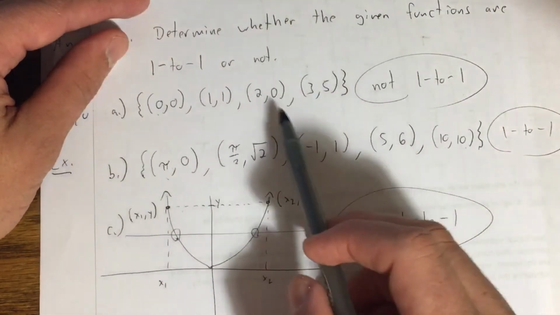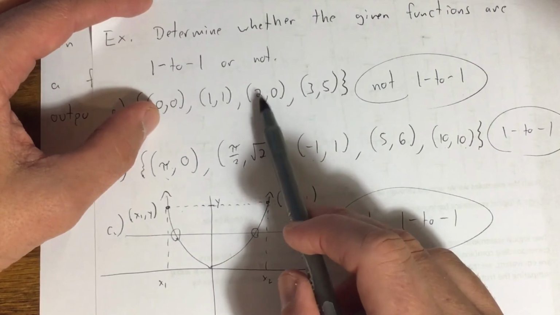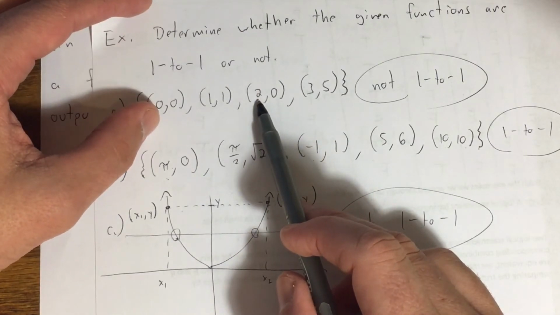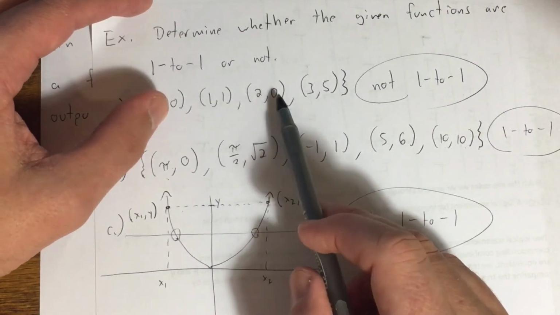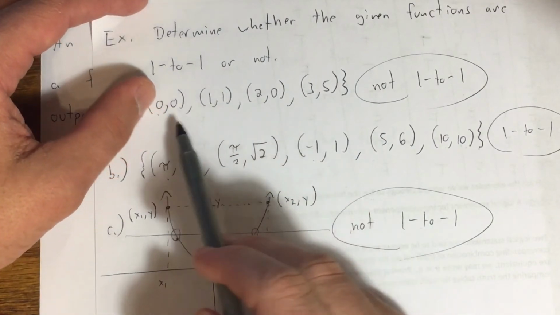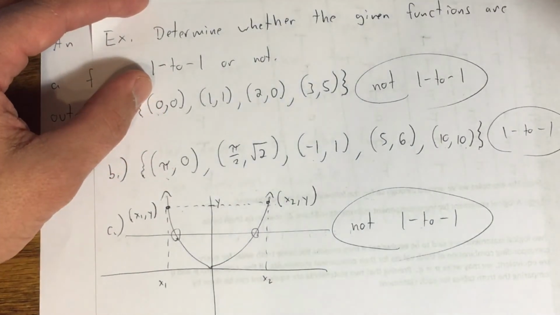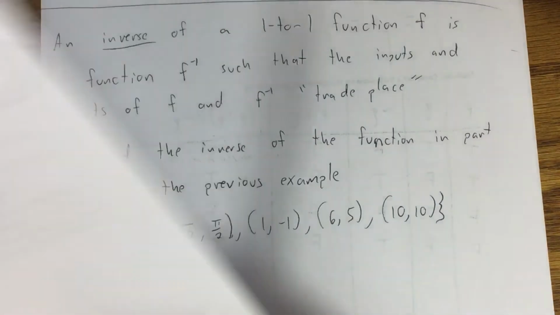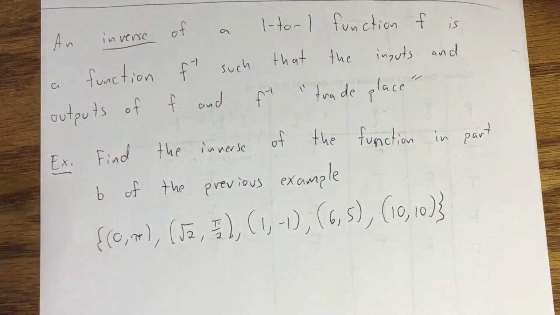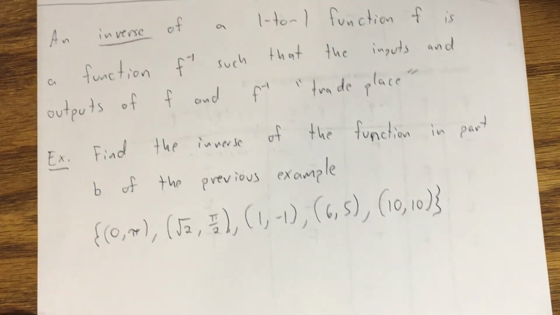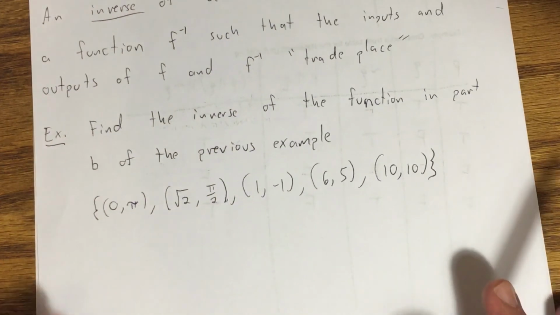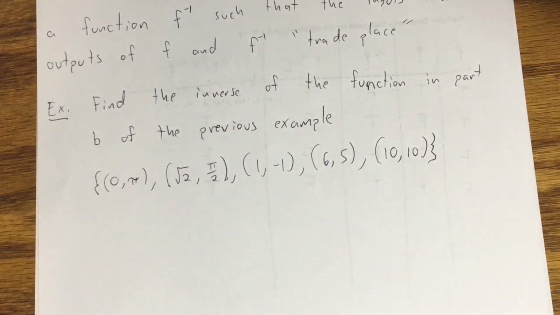So now that I've done that, I have 0 showing up as two different inputs after flip-flopping everything, and that would correspond to two different outputs, meaning the result is not a function anymore. So in order for inverses to be functions, the original function has to be one-to-one in order for that to work. Okay, so just a little bit more to do.